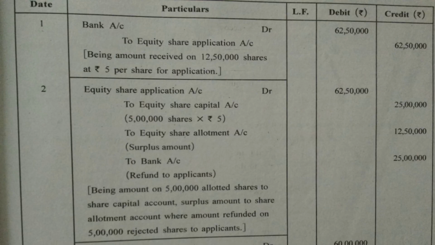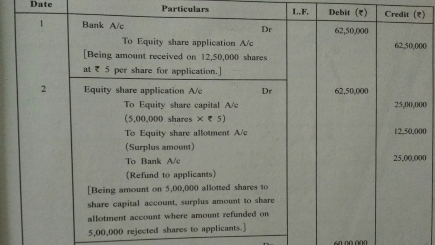So 12,50,000 shares into 5 gives you 62,50,000 rupees. Now, in 12,50,000 shares, there is excess amount. There is also an amount which has been refunded. There is also an amount of pro rata allotment of shares, the one that we are going to keep as advance of allotment. So let us understand.